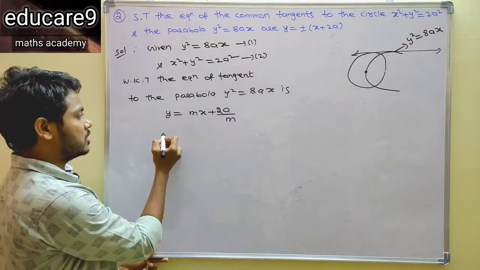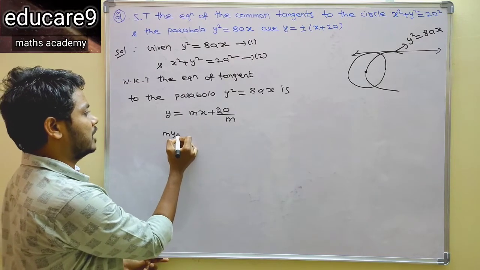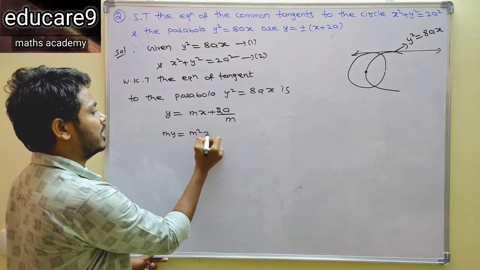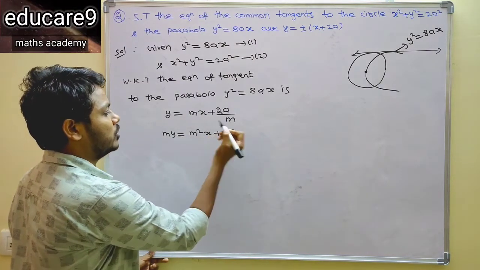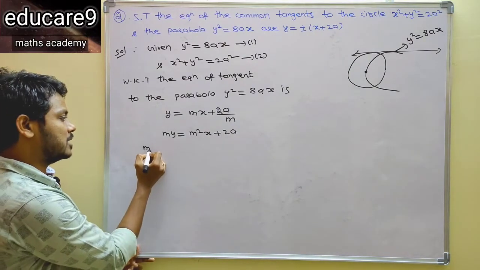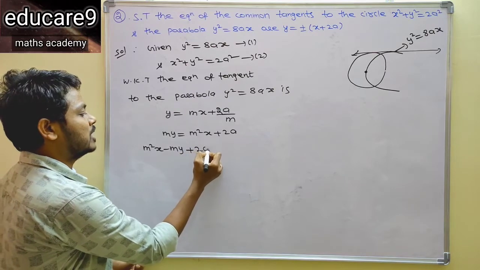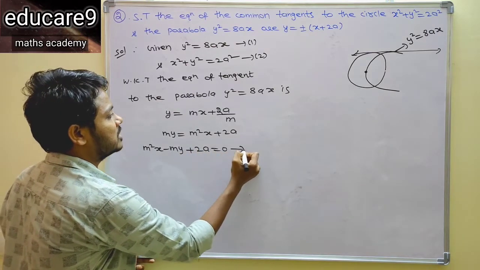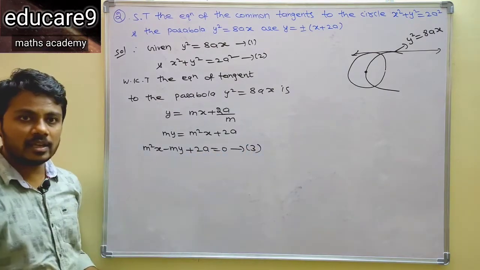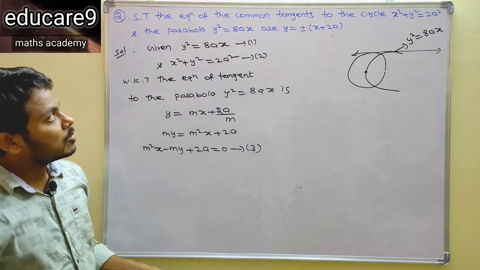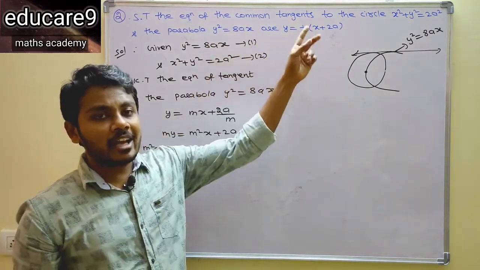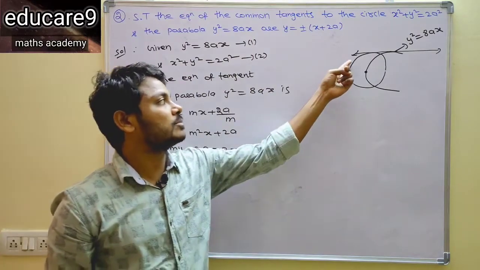Now simplify this. This is my is equal to m square x plus 2a. Again this is m square x minus my plus 2a is equal to 0. This is equation 3. But you need to show common tangent of the circle and parabola is what?